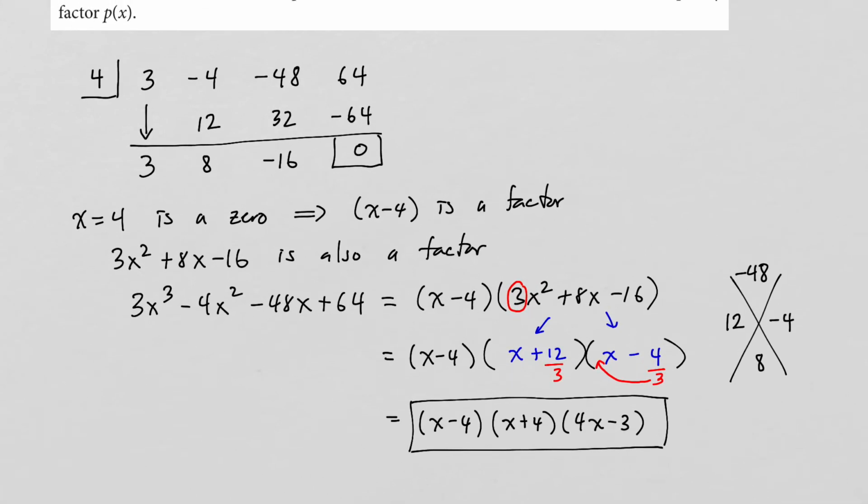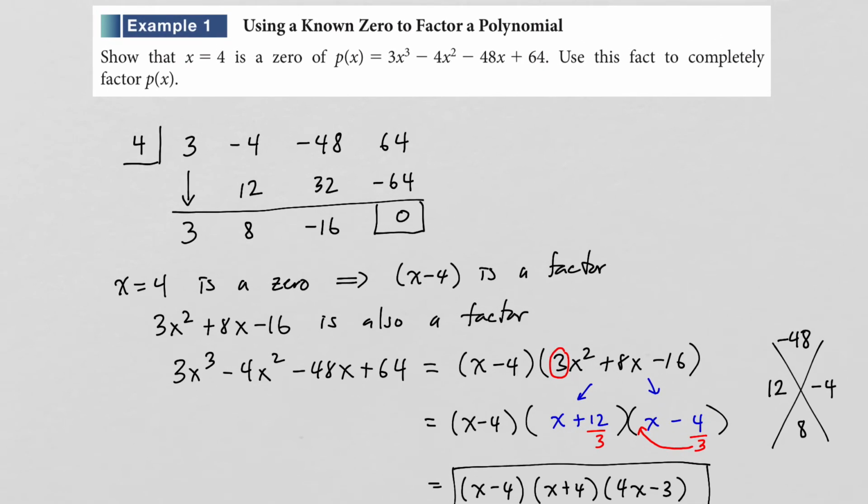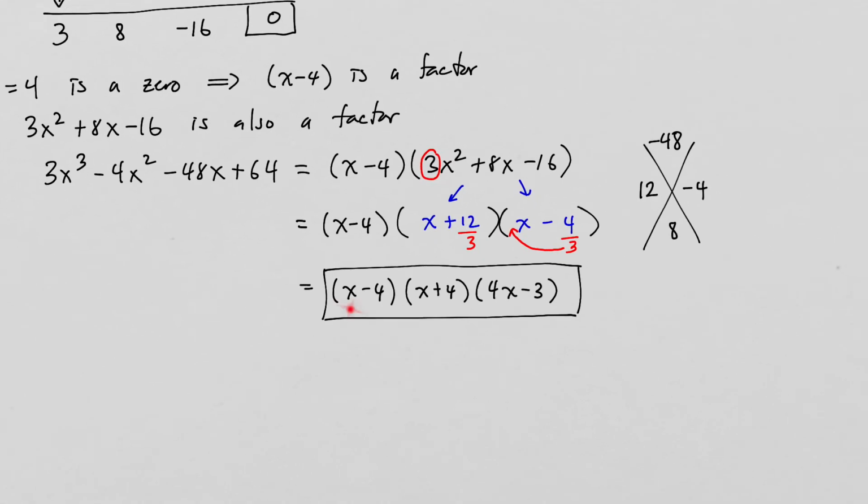Now, I should also mention that we also know the other zeros of the polynomial. We started with the knowledge that x equals 4 was a zero of the polynomial, and we used that to factor the polynomial. But once you have all of its factors, we can then list all of the zeros.